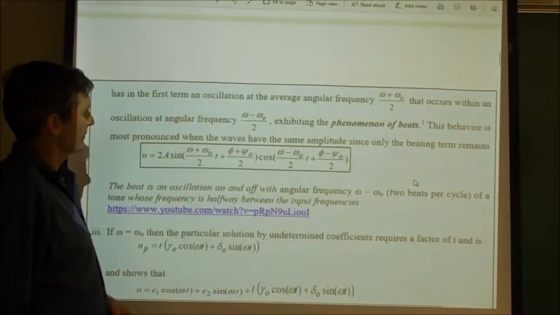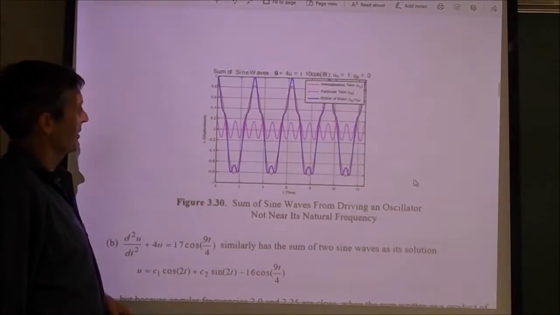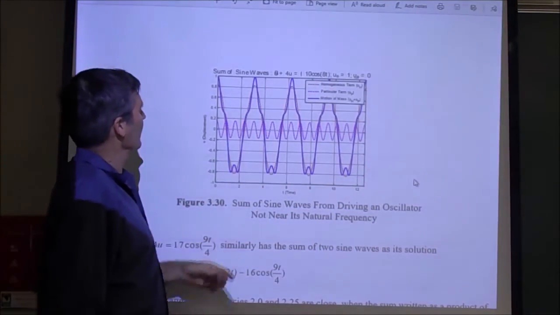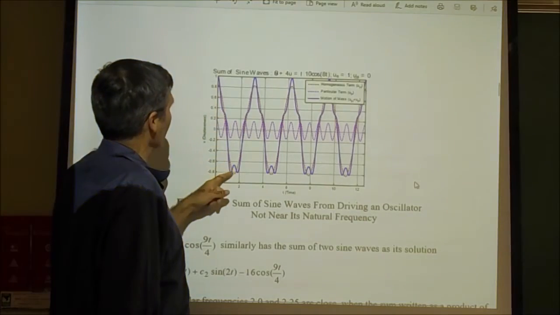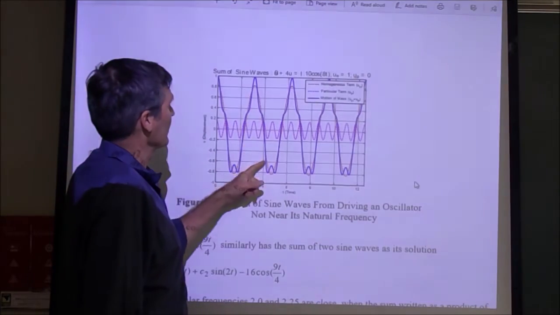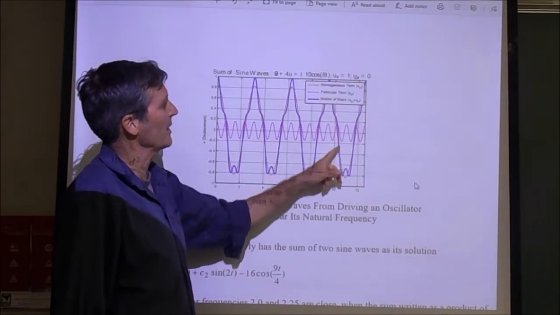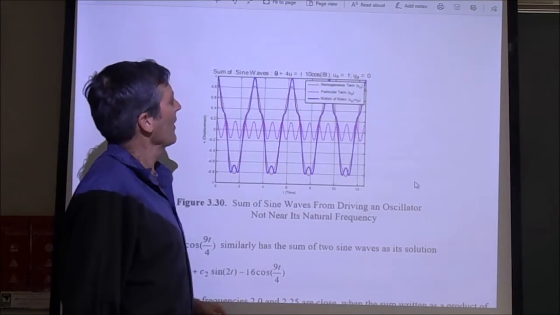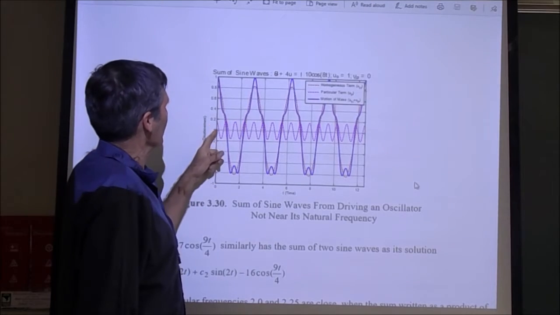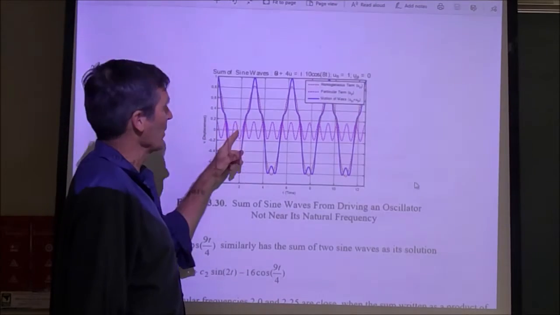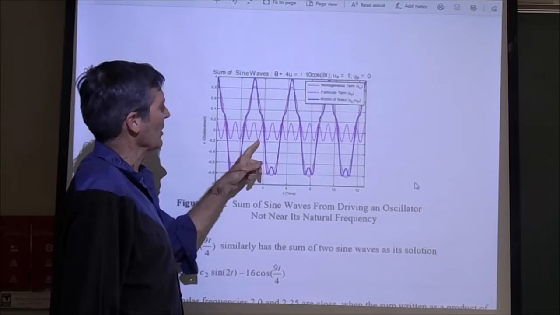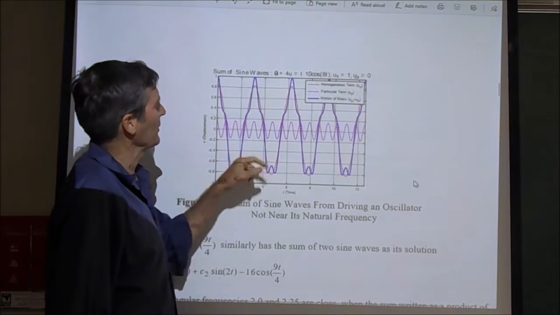I've got a picture down here. You have a sine wave that's this red curve. That might be your homogeneous solution, C1 cosine omega t plus C2 sine omega t. And then you have a particular solution, that's this curve, that comes out of driving this with some sinusoidal push back and forth in time.